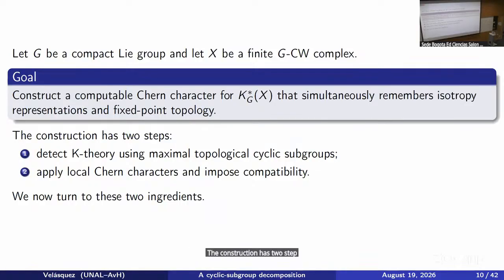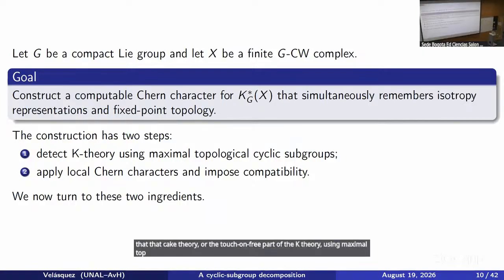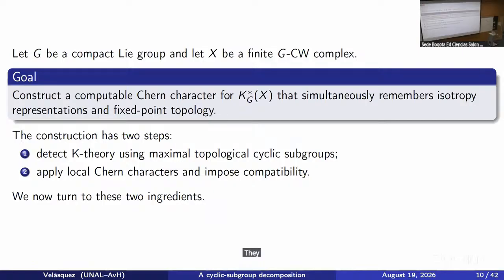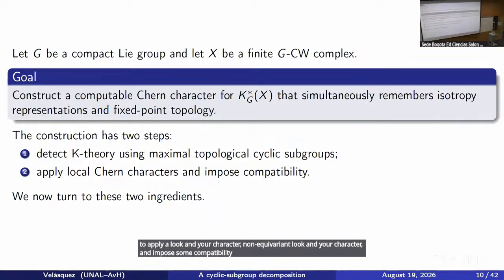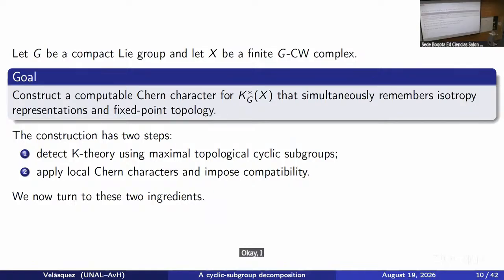The first one is to describe the K-theory, or the torsion-free part of the K-theory, using maximal topological cyclic subgroups. I will define what this is. And the idea is to reduce to topological cyclic subgroups and then apply a Lie-Chern character, a non-equivariant Chern character, and impose some compatibility conditions. Okay, that I will explain in some minutes.